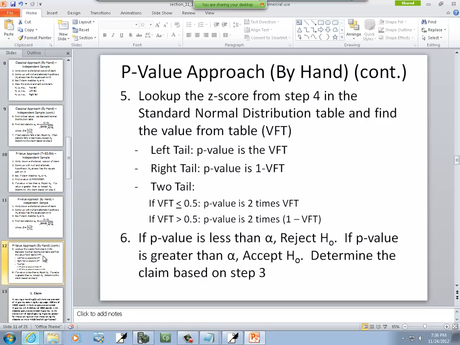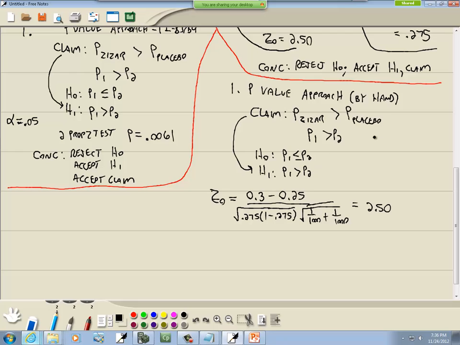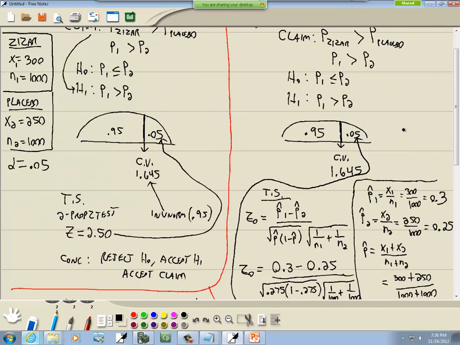Okay. Now what we do with that is a little bit different. It says look up the z-score from step 4 in a standard normal distribution table and find the value from the table, the VFT. And keep in mind this right here is a right tail. We saw it up above.